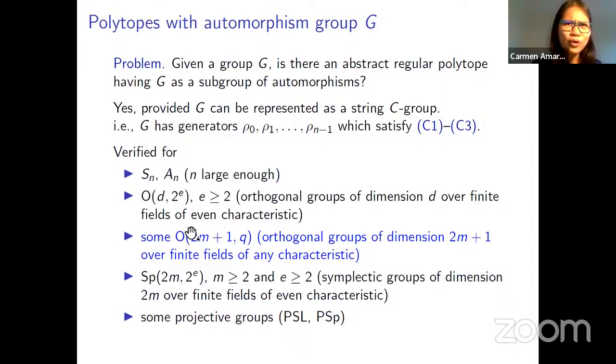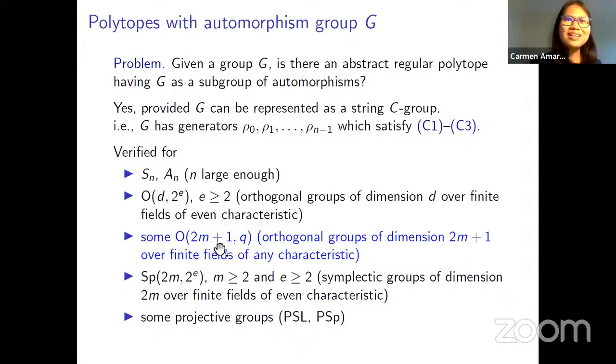There are also results for orthogonal groups over fields of odd characteristic, but for this case, the dimension has to be odd. I'll explain this part more in a bit. Also for symplectic groups over finite fields of even characteristic, and some of the other projective groups, the projective special linear group and the projective symplectic group.